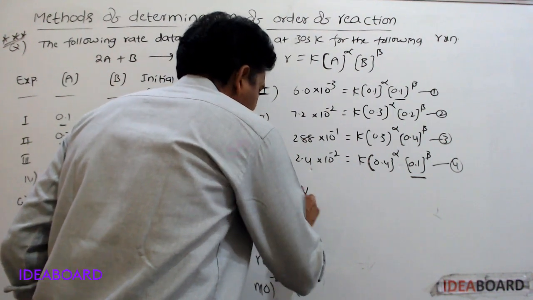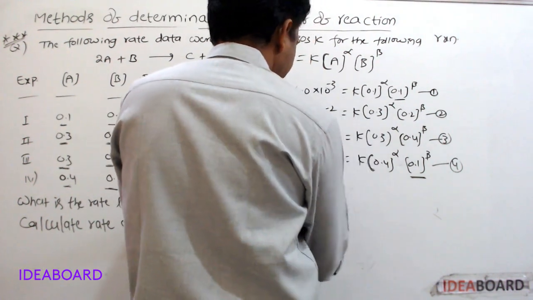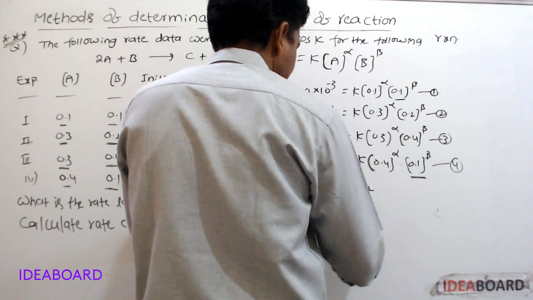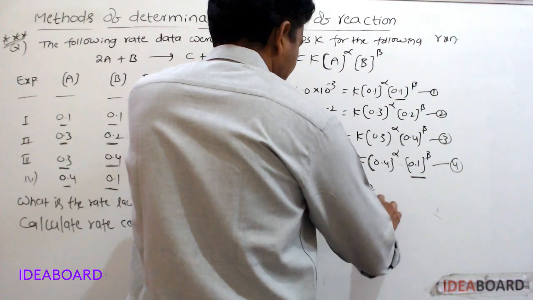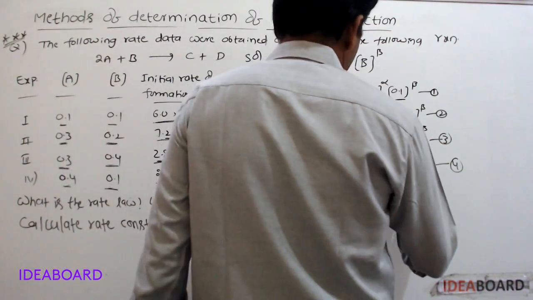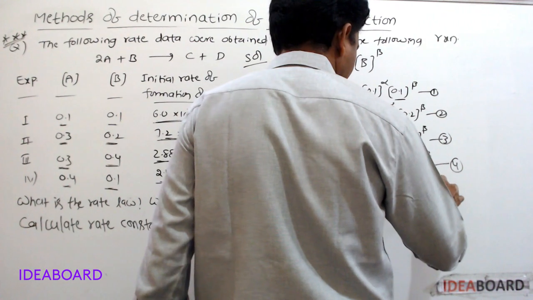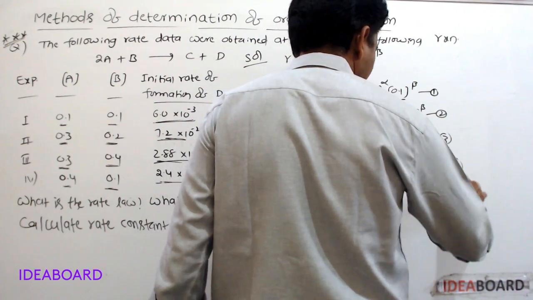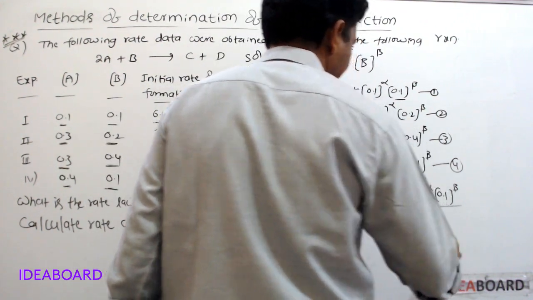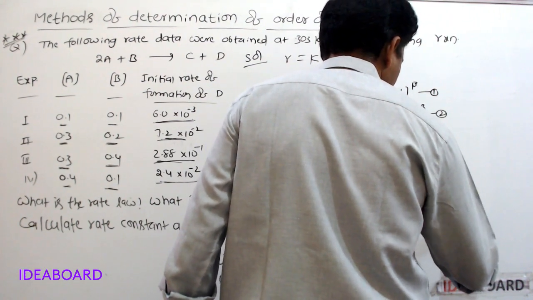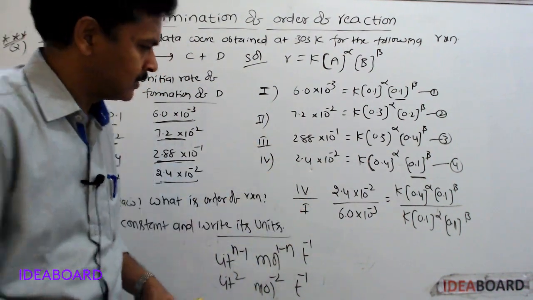I am taking 4 by 1. 2.4 into 10 power minus 2 divided by 6.0 into 10 power minus 3 is equal to K into 0.4 power alpha, 0.1 power beta divided by K into 0.1 power alpha, 0.1 power beta. I am taking fourth experiment by first experiment.